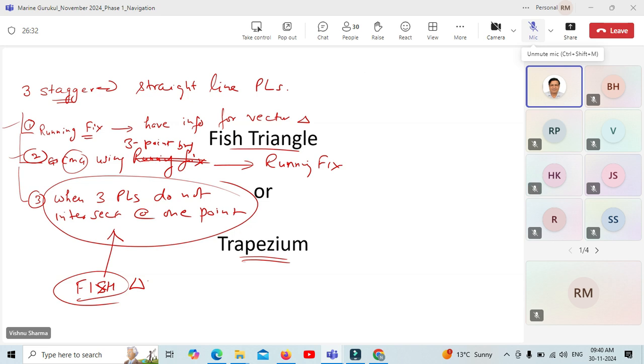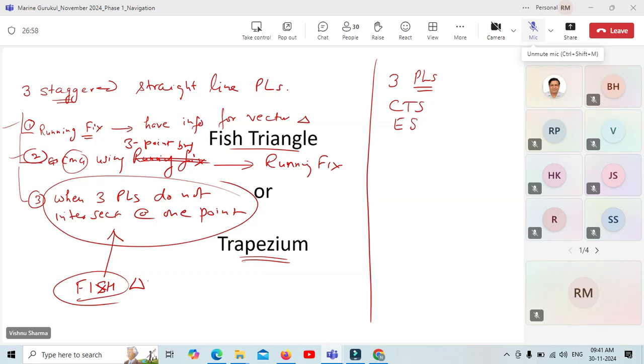What all would you be given in such questions? You will be given three straight line staggered PLs, the CTS of your ship, the engine speed of your ship, and the current set only.